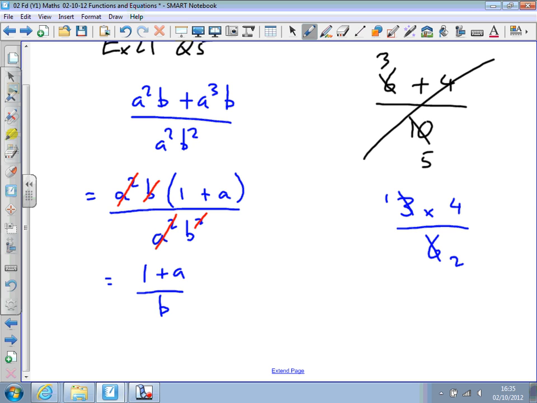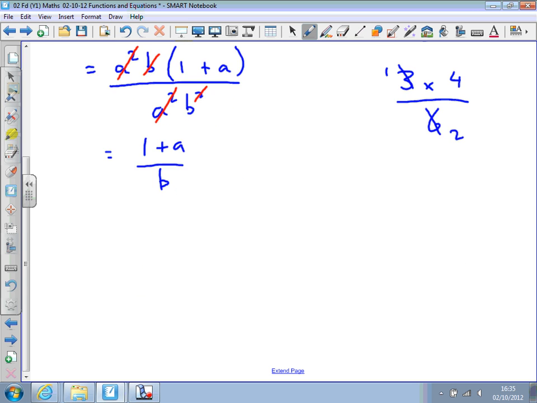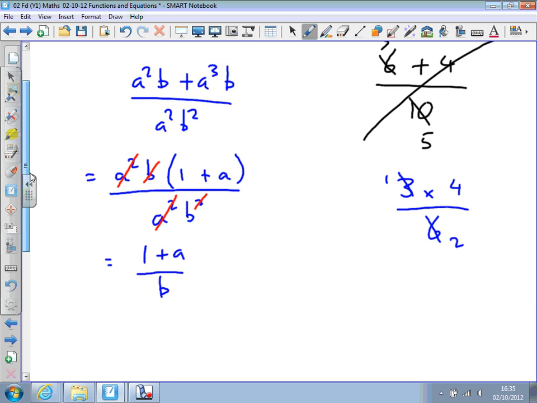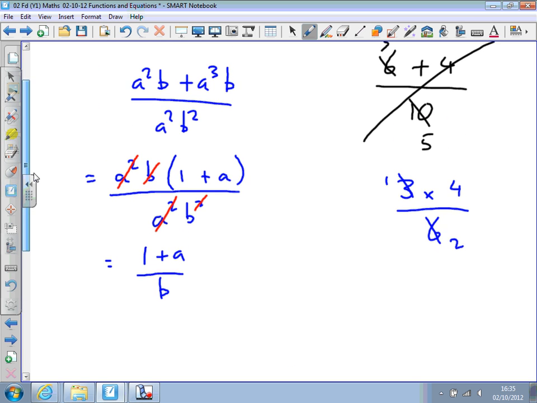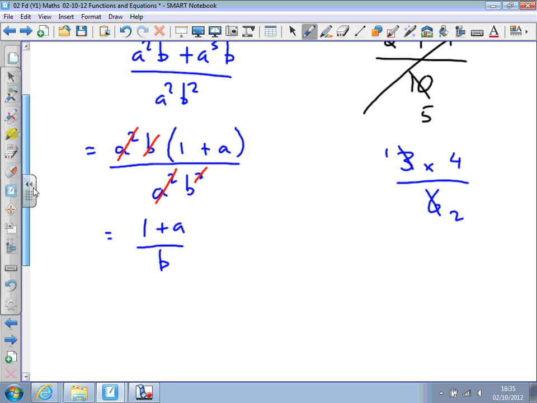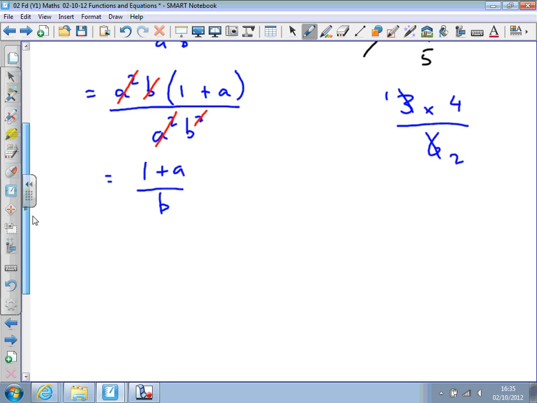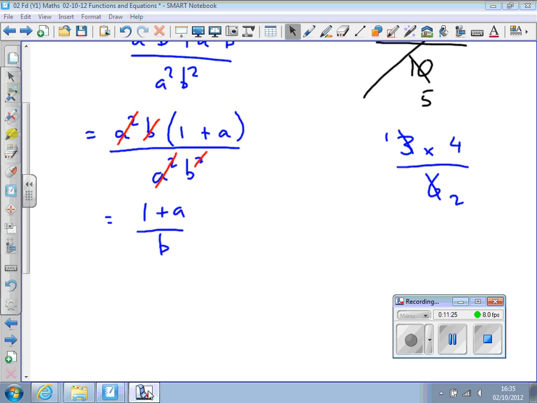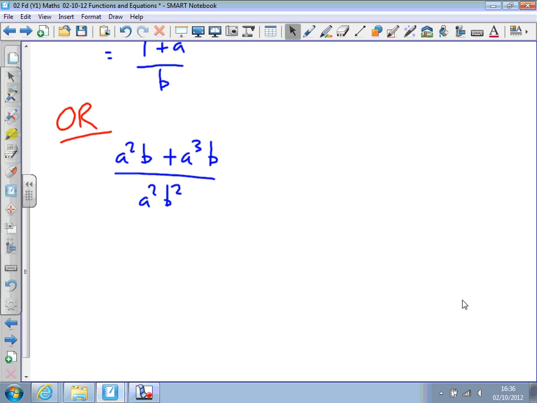The other way to think of it, I said there were 2 ways, so let's look at this one again, and then I'll leave it for you to copy if you want, although the note is on the side. This is equally valid. You remember we were talking about fractions last week, v minus u all over t could easily be written as v over t minus u over t.